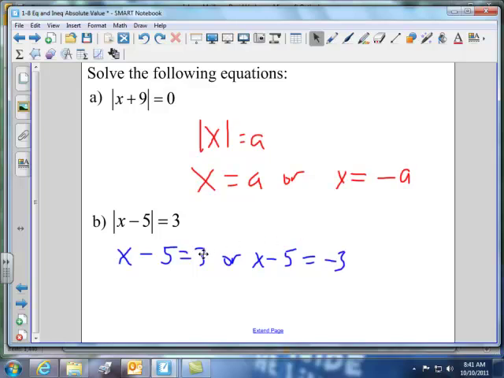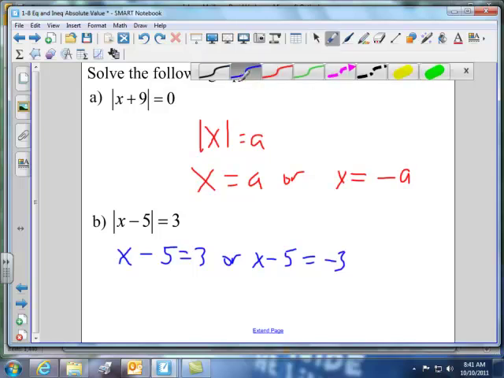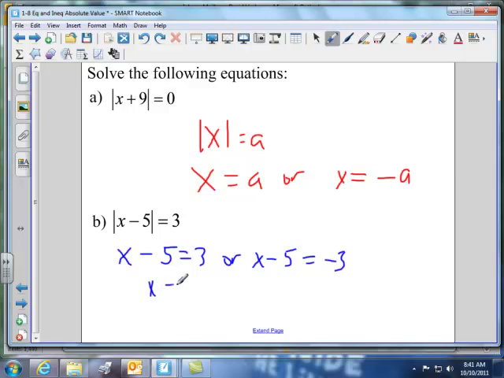So you set it equal to both the positive and the negative of that number. Then from there, we'll go ahead and solve. With this first equation, you would add 5 to both sides to get that x equals 8, or we would add 5 to the other side to get that x equals 2. So my solution would be x equals 8 or x equals 2.